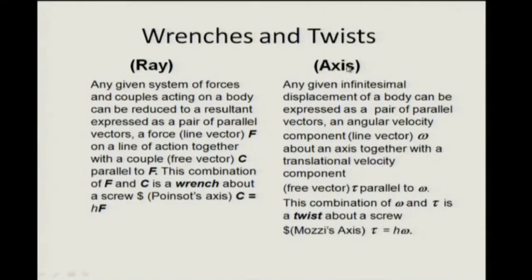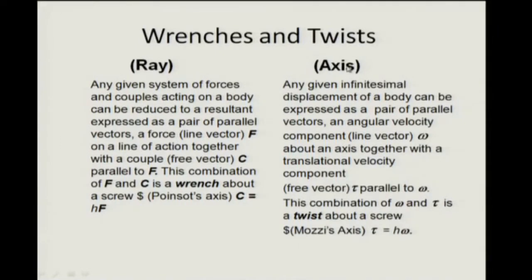This is called Poinsot's axis. The interesting part is that you write the couple as a scalar times the force, so it is not actually two vectors, it is one vector and a scalar times the force.